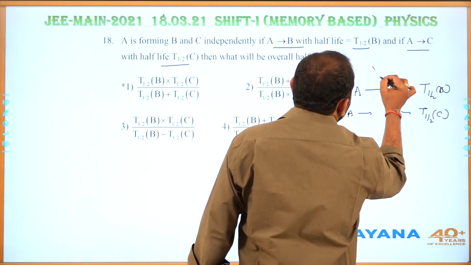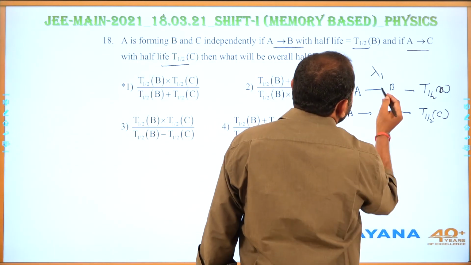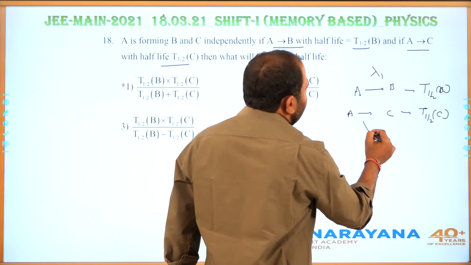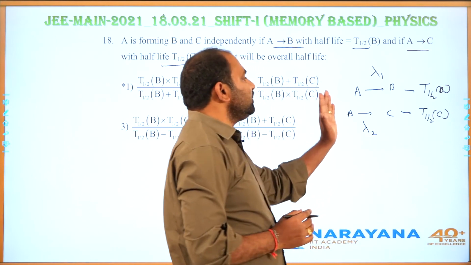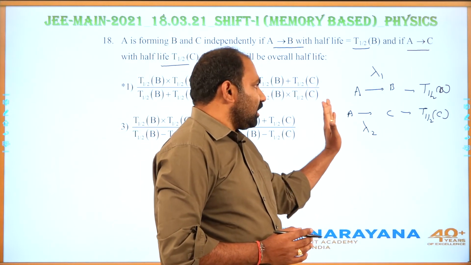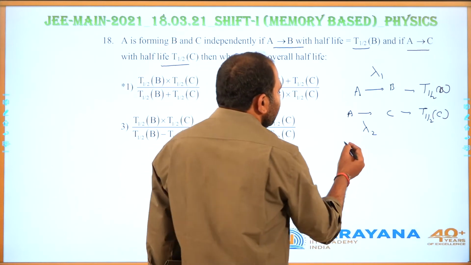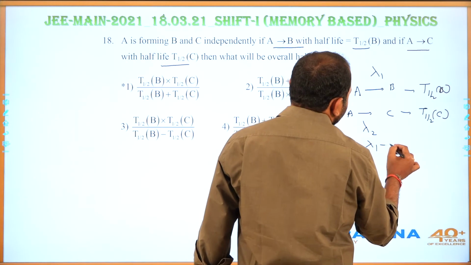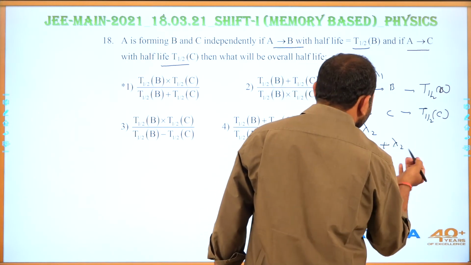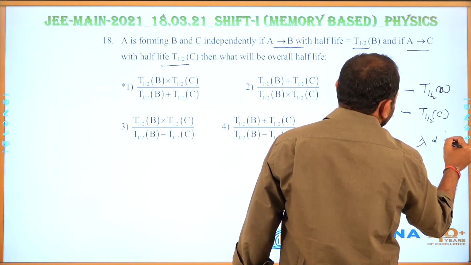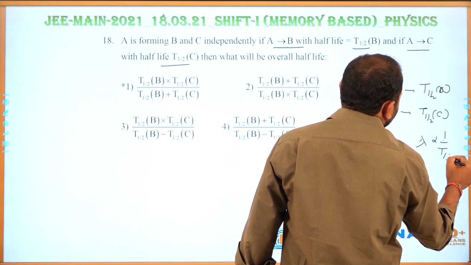Suppose lambda 1 is the disintegration constant for formation of A into B and lambda 2 is the disintegration constant, or probability of disintegration, for conversion of A into C. Then the effective disintegration constant will be lambda 1 plus lambda 2. We know that lambda is proportional to 1 by T half.